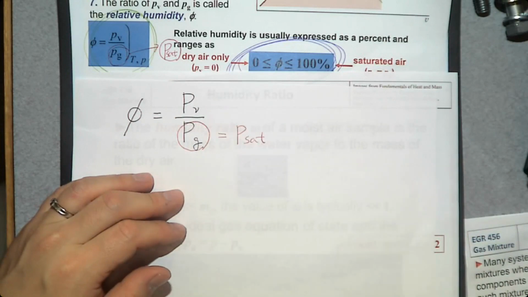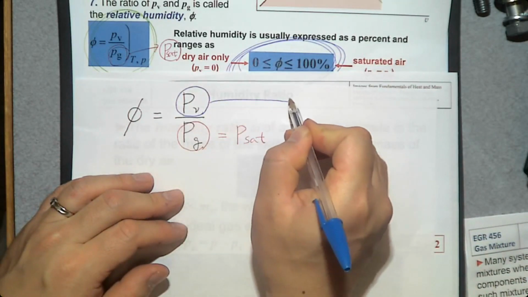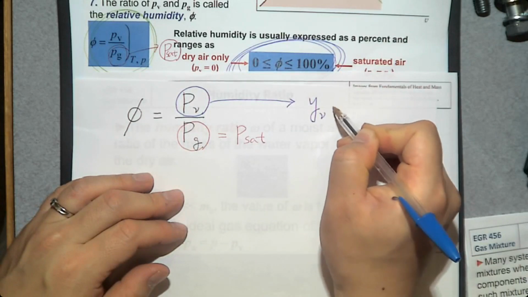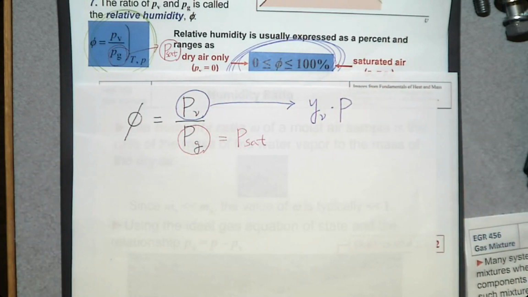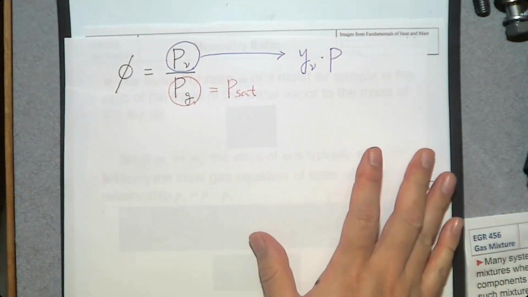And this PV can be determined by the mole fraction Y of water vapor times the mixture pressure, which is the pressure of moist air. So this is what we use in our real life.